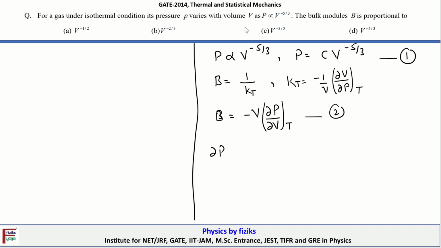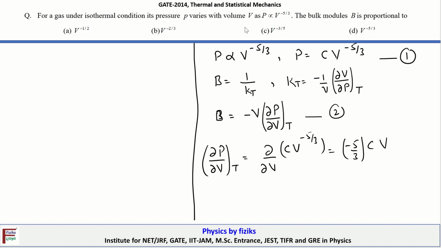So dP by dV at constant temperature is equal to d by dV of C V power minus 5/3, and that is equal to minus 5/3 C V power minus 5/3 minus 1.